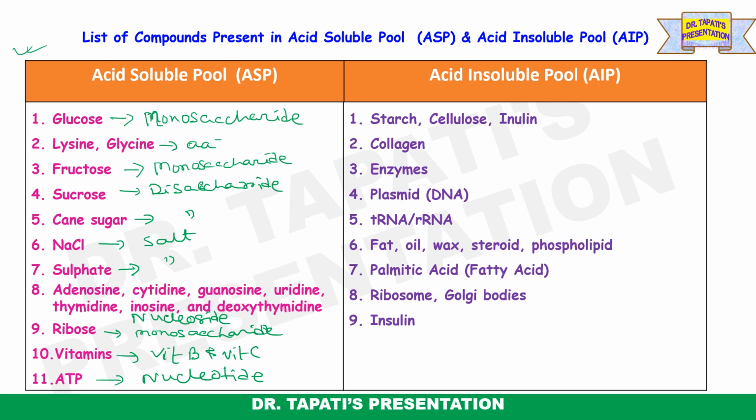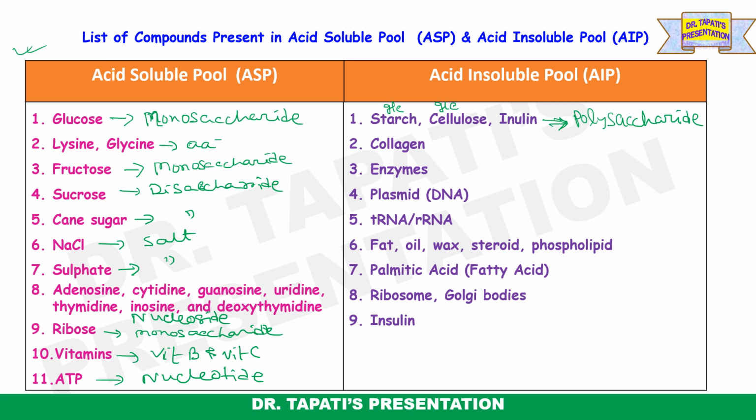Now, if you consider starch, cellulose, and inulin, these are polysaccharides. Polysaccharide means this is a polymer. So they are biomacromolecules and present in the acid insoluble pool. Starch is composed of glucose. Cellulose is also composed of glucose but through beta glucosidic linkage.